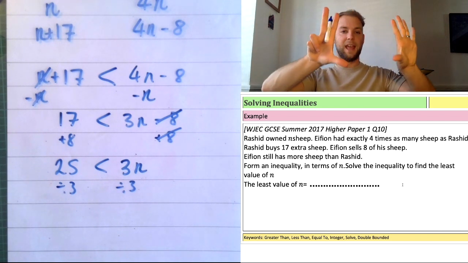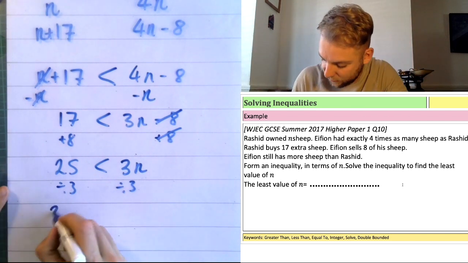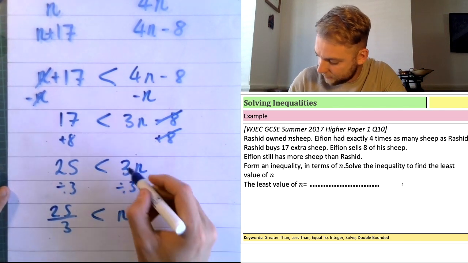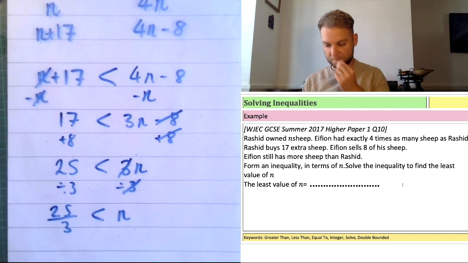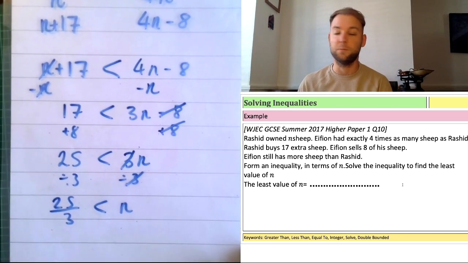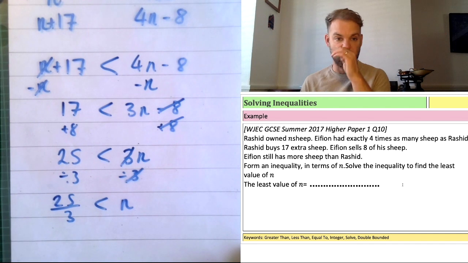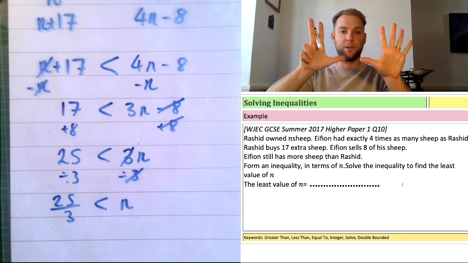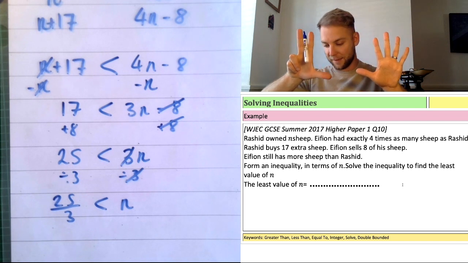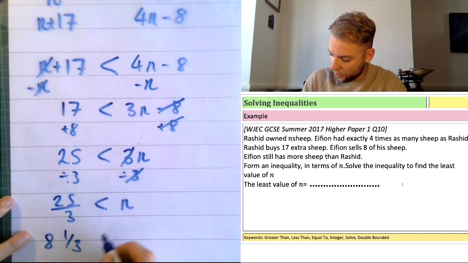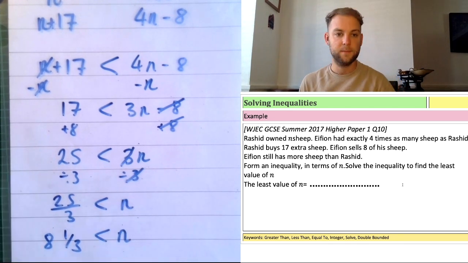I'll write it as this first of all, 25 over 3 is less than n. Brilliant. So divide by 3, divide by 3. Now I need to write this as a mixed number. So how many times does 3 go into 25 and what's left over? We've just done that, haven't we? 3 goes into 25 8 times and there's 1 left over. So it's going to be 8 and 1/3 is less than n.